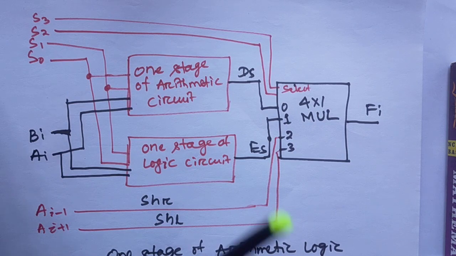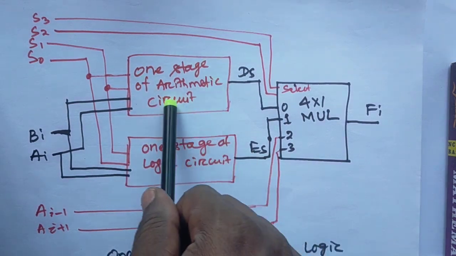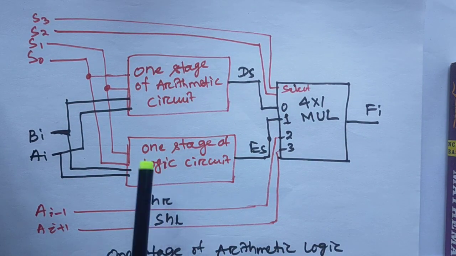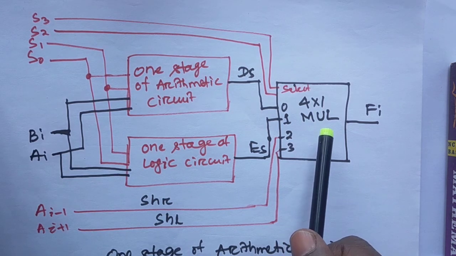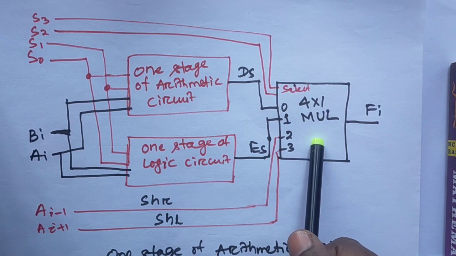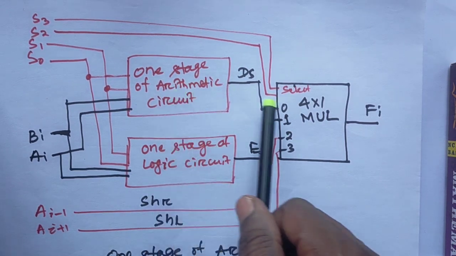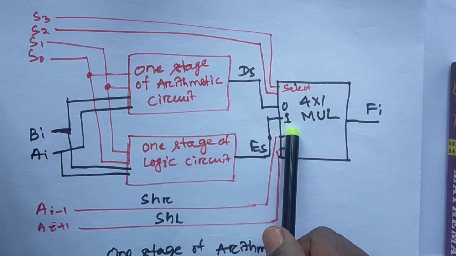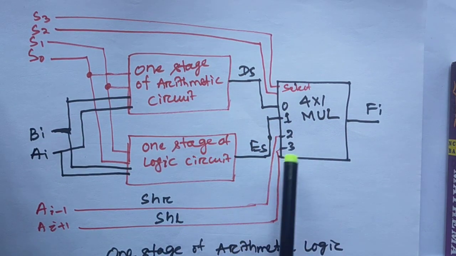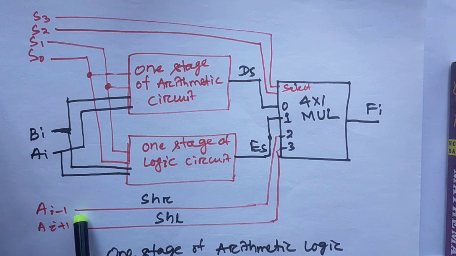So here is one stage of an arithmetic circuit, here one stage of a logic circuit, and here a multiplexer. It will receive 4 data: one from arithmetic, another from the logic circuit, and 2 more, shift right and shift left data.